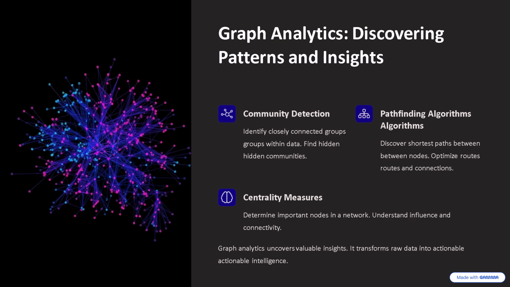Second one is pathfinding algorithms. Discover the shortest path between nodes. Optimize routes and connections. Third one is centrality measures. Determine important nodes in a network, understanding influence and connectivity. Graph analytics uncovers valuable insights. It transforms raw data into actionable intelligence.